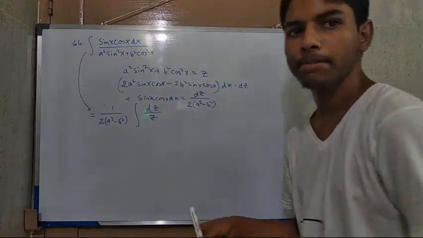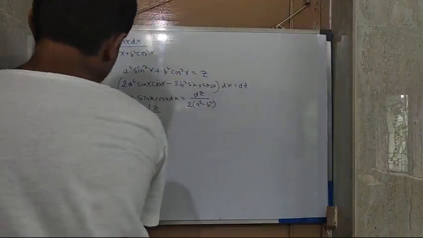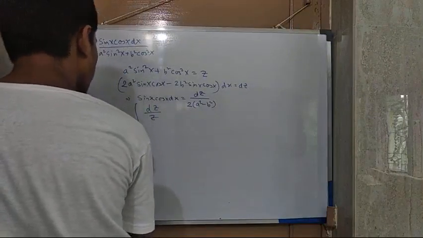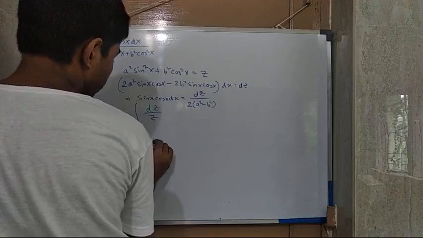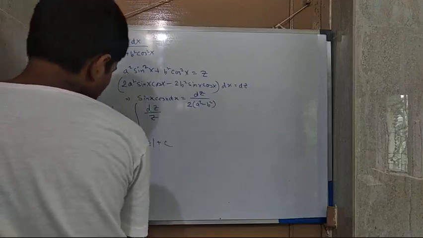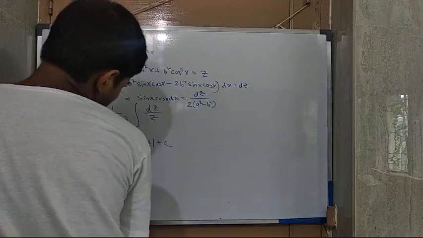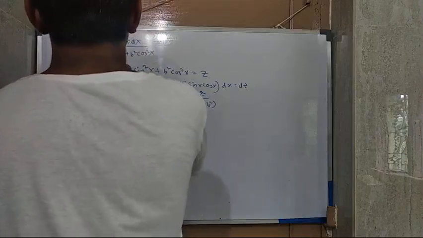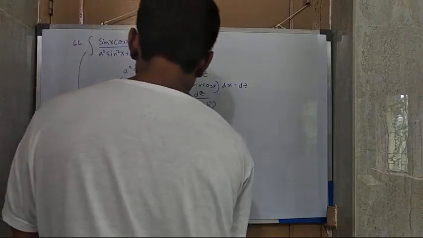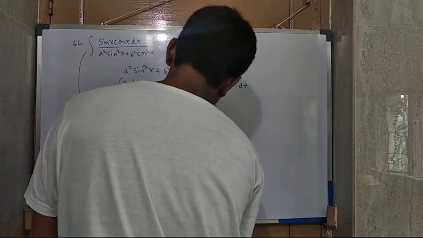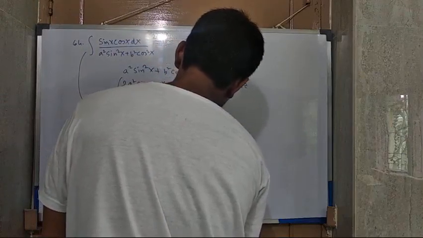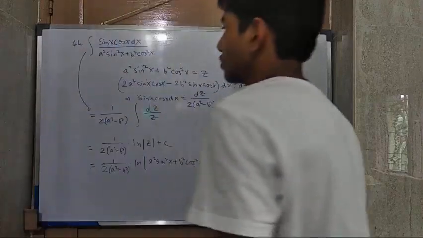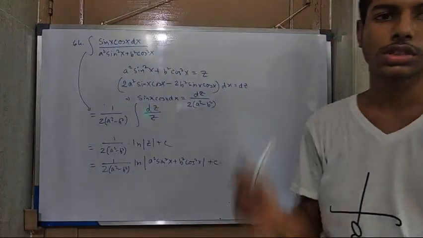This is actually 1 by 2 a square minus b square ln z plus c, which is 1 by 2 a square minus b square ln, what is z? Z is a square sin square x plus b square cos square x. So ln of a square sin square x plus b square cos square x plus c. So this is the answer of our 64th question.